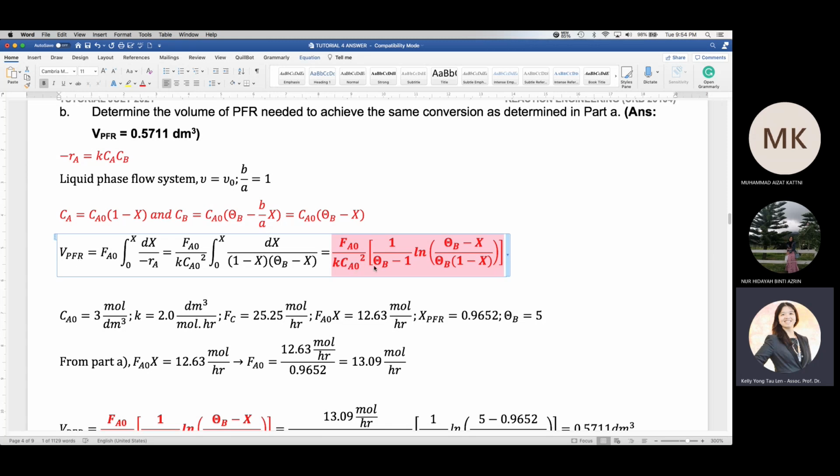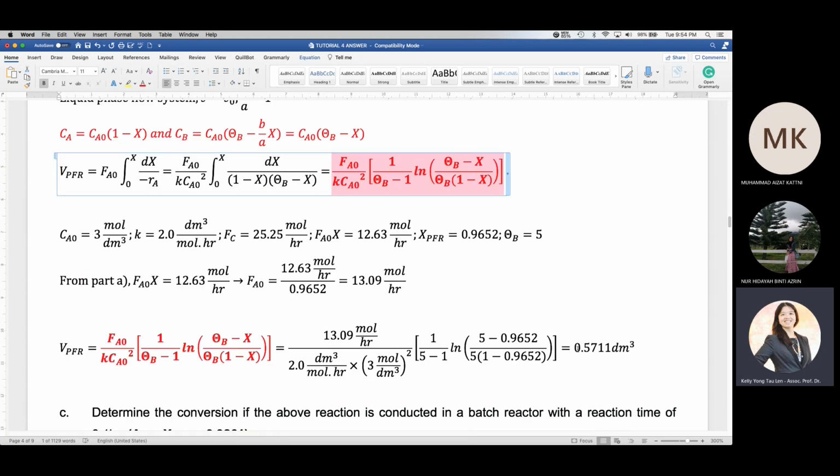Maksud dalam kes ni, belah kanan semua kena ganti dengan nilai. Okay, so straightforward lah kan. Kita dah tahu K, kita dah tahu CA0, theta B kita dah tahu 5, X disuruh guna X yang tadi. So kita ganti X, kita ganti FA0. So you can straight away do this, you will get the volume as 0.5711.